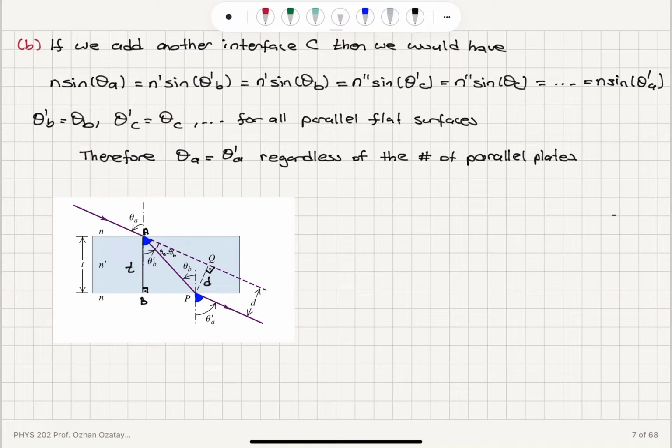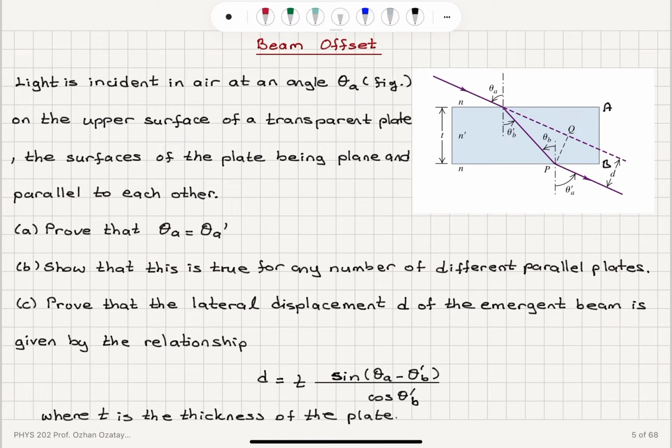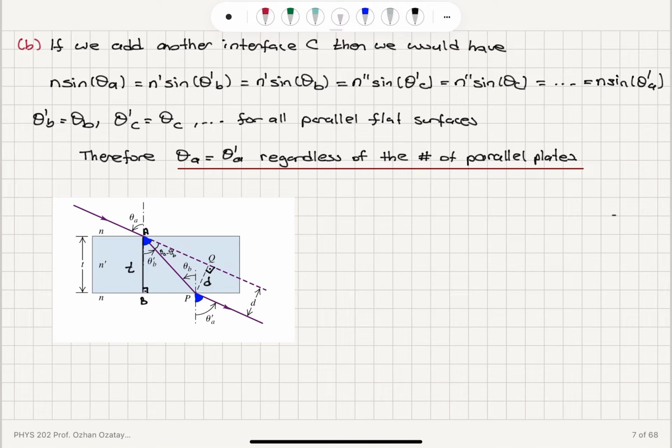So we reached the conclusion that the angle theta A is equal to theta prime A for any number of different parallel plates, because we keep writing the same equation, and n sine theta A finally turns out to be n sine theta prime A. Regardless of the number of intermediate steps, we always have theta A equal to theta prime A.